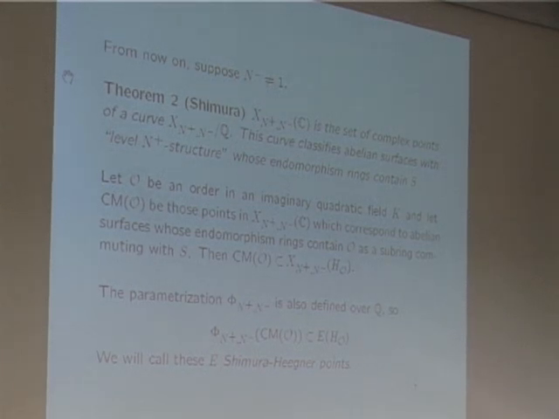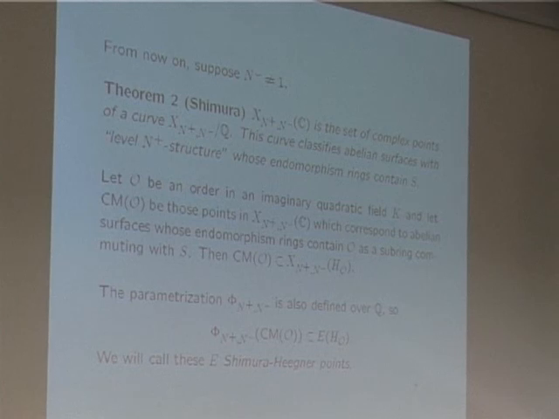And moreover, this is a moduli space. This curve classifies "abelian surfaces" in quotes with level N structure. I put that in quotes because I'm not going to bother making that precise, whose endomorphism rings contain this order S. Now, there's also a CM theory for these Shimura curves.